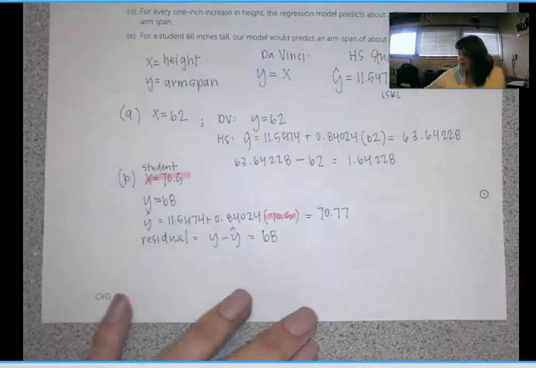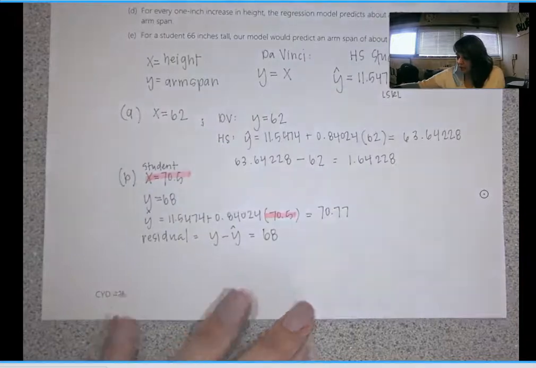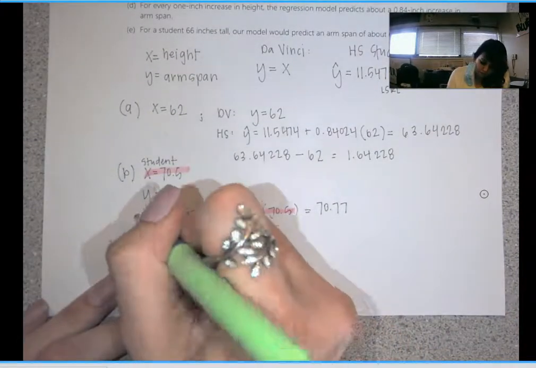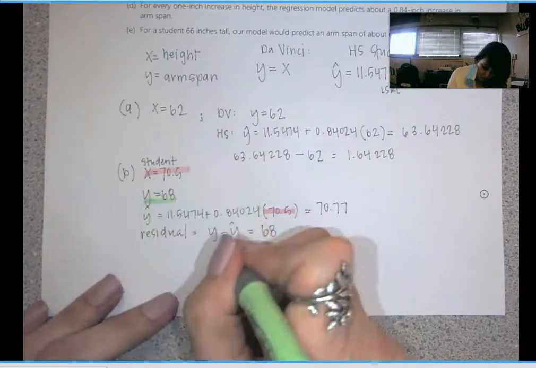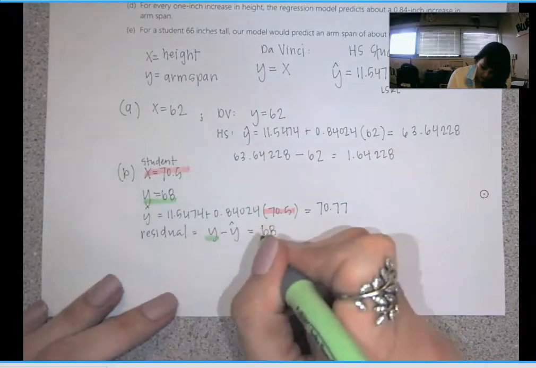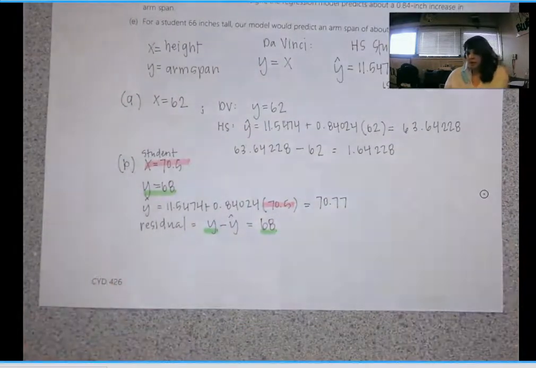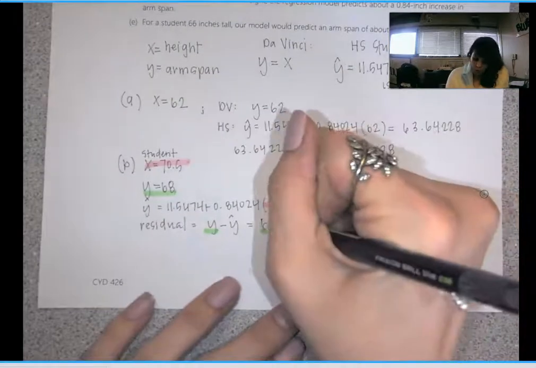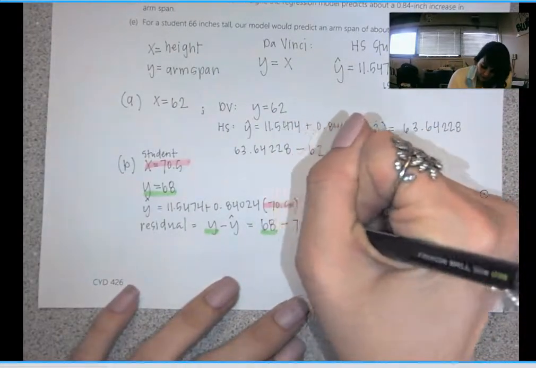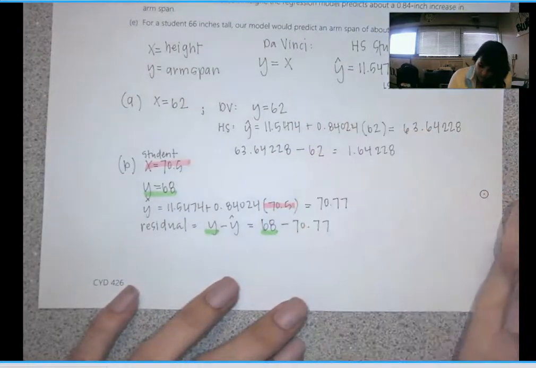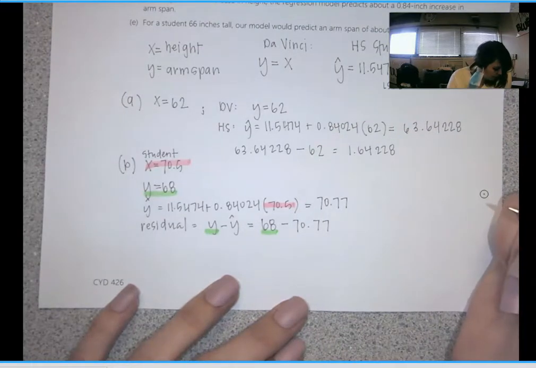I'm going to highlight that so that I don't make that mistake again. Y minus Y hat of 70.77. I think I may have rounded that wrong.